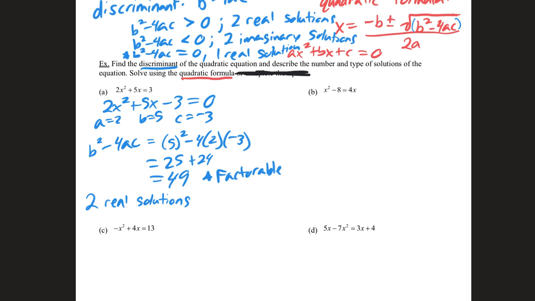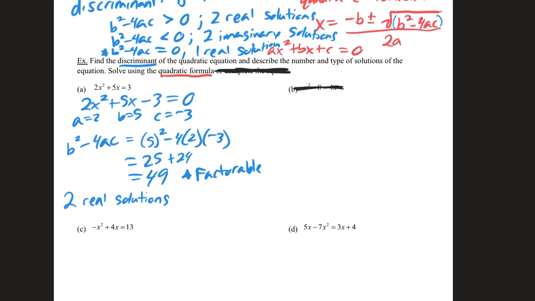And just so we have room, because we have enough examples, I'm just going to skip this example. Okay? So you have room to work it out. So I'm going to apply the quadratic formula. So x equals negative b plus or minus the square root of b squared minus 4ac divided by 2a.